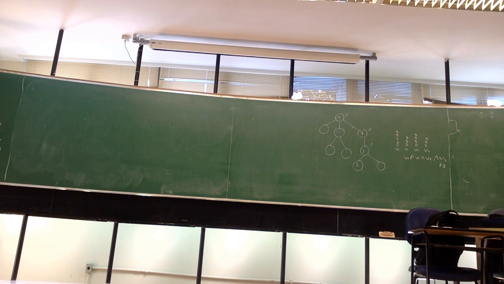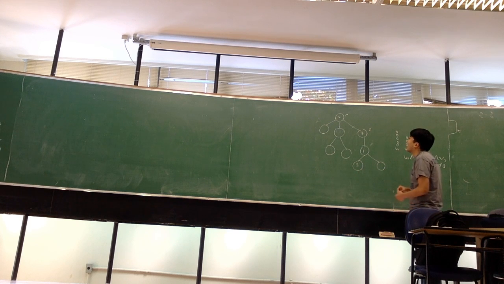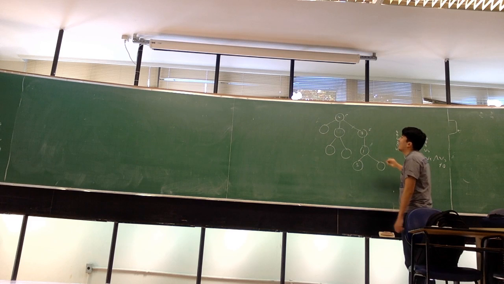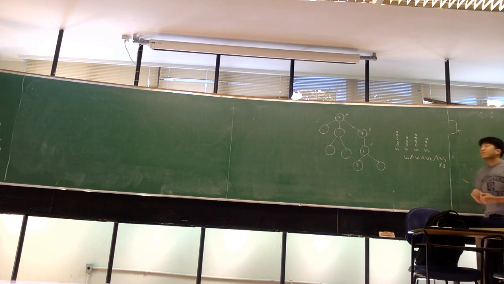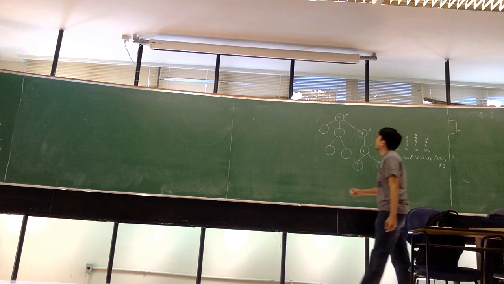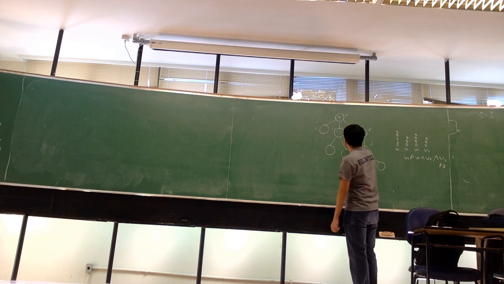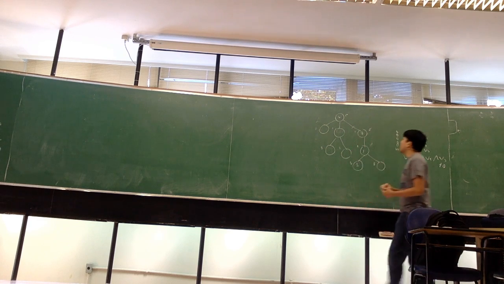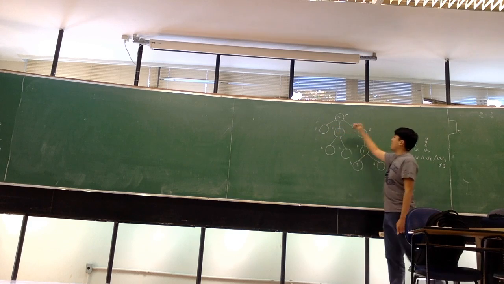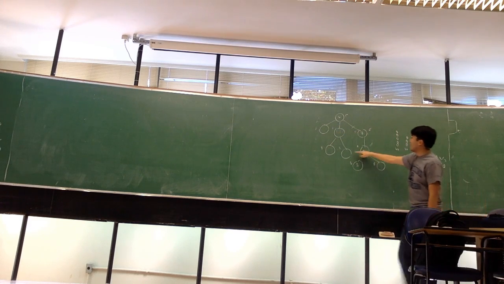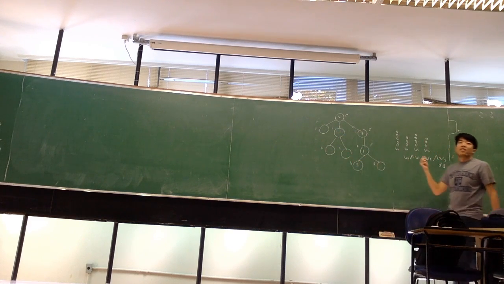All right. So for this game, it turns out that we can only look at vertices that are at even distances from the root. Let's call these vertices odd vertices, and these vertices even vertices.